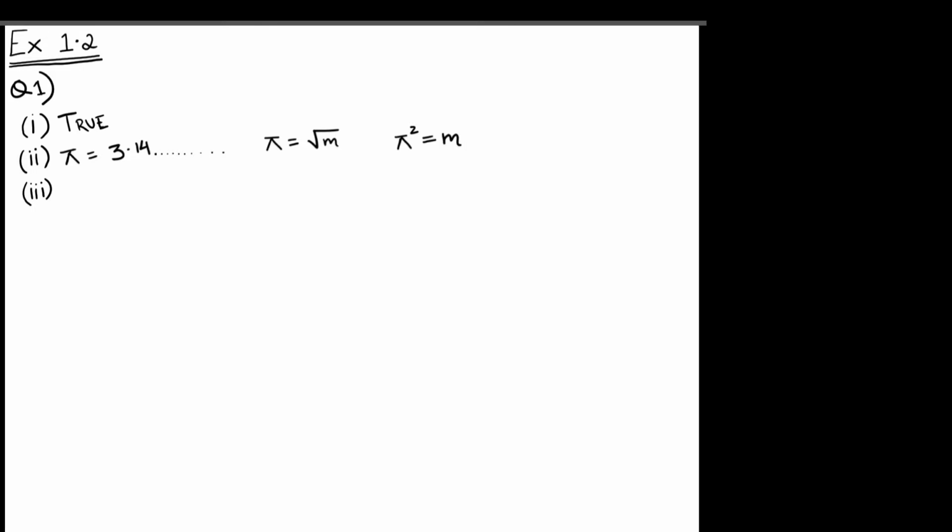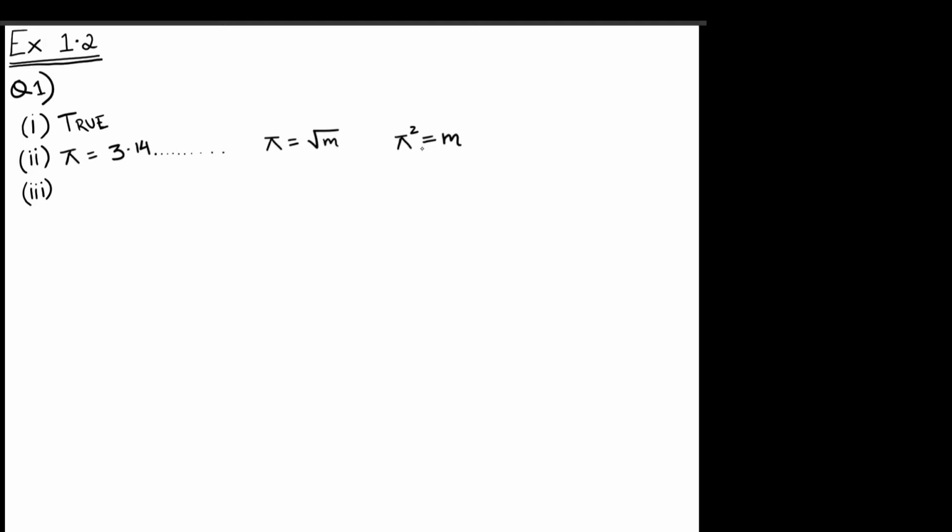And if you remember, the second part of the statement says that m is a natural number. Now the square of pi is definitely not a natural number. It will be in its decimal form or its fractional form. However, it will not be a positive natural number.